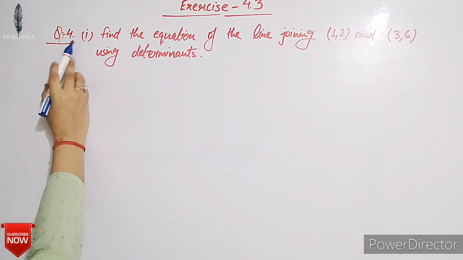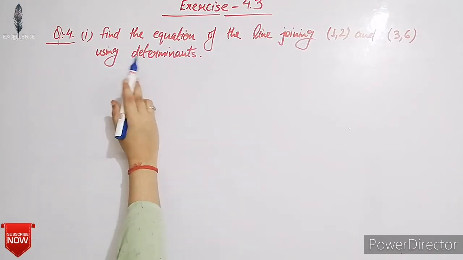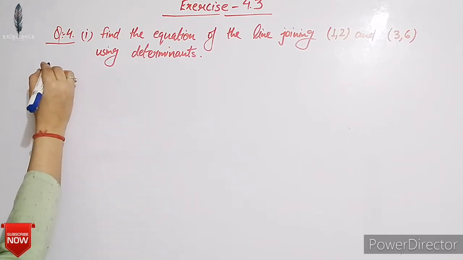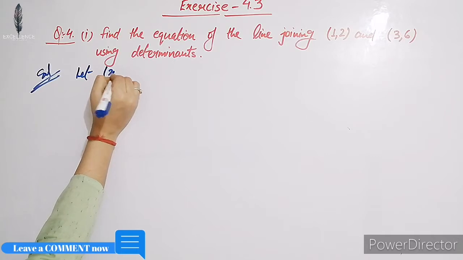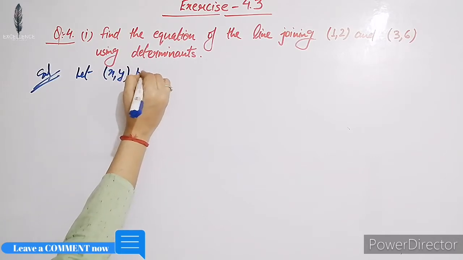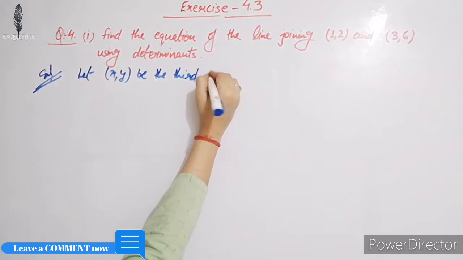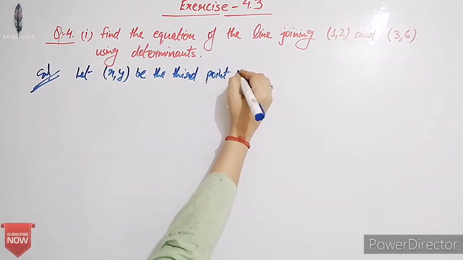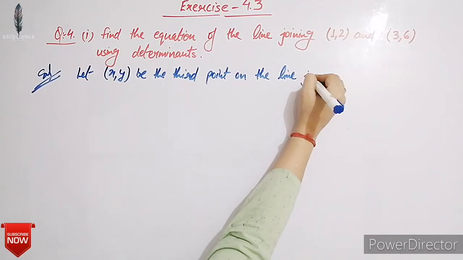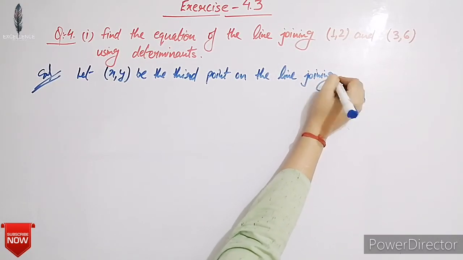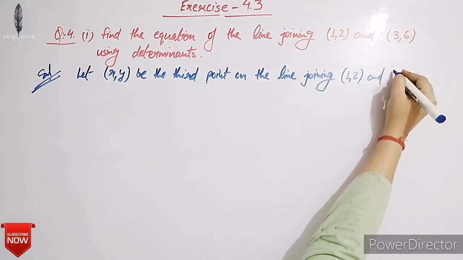Question number 4, first part. Find the equation of the line joining the points (1, 2) and (3, 6) using determinants. Let's solve it. Let (x, y) be the third point on the line joining the points (1, 2) and (3, 6).